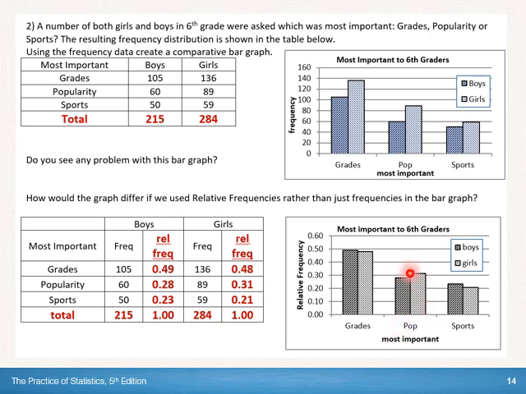Girls tend to think that popularity is a little bit more important. They're relatively the same for grades, 49 and 48%. So it's really important that you use relative frequency whenever you are comparing two different distributions, particularly when the number of observations in the two groups is different.